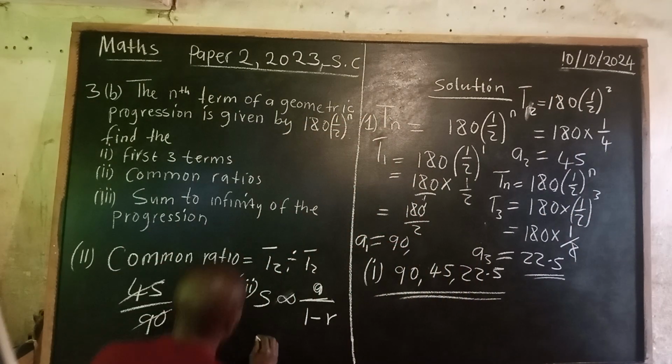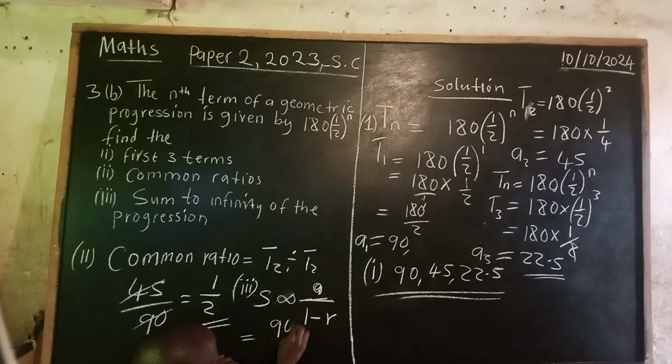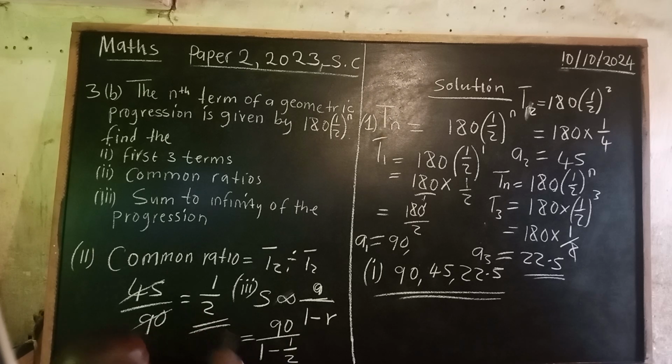So the sum to infinity is equal to the first term, which is 90, over 1 minus 1 over 2, because the common ratio that we have is 1 over 2.